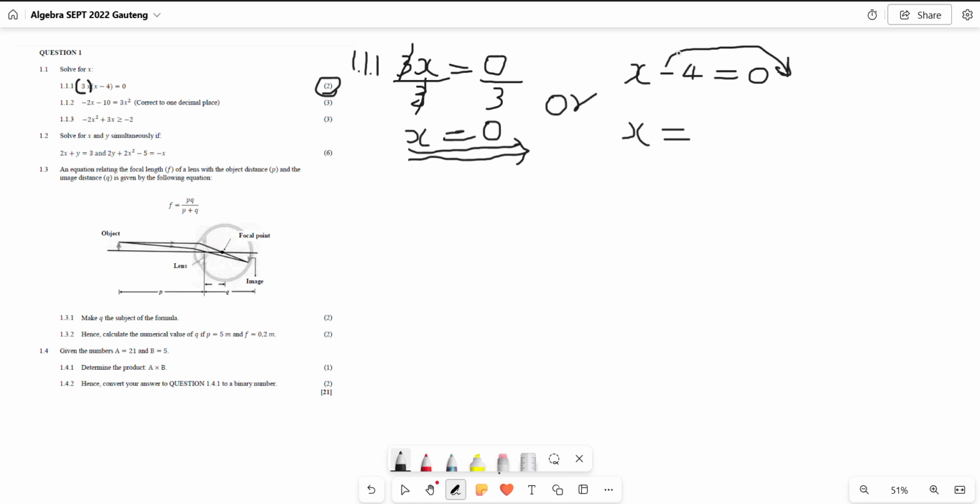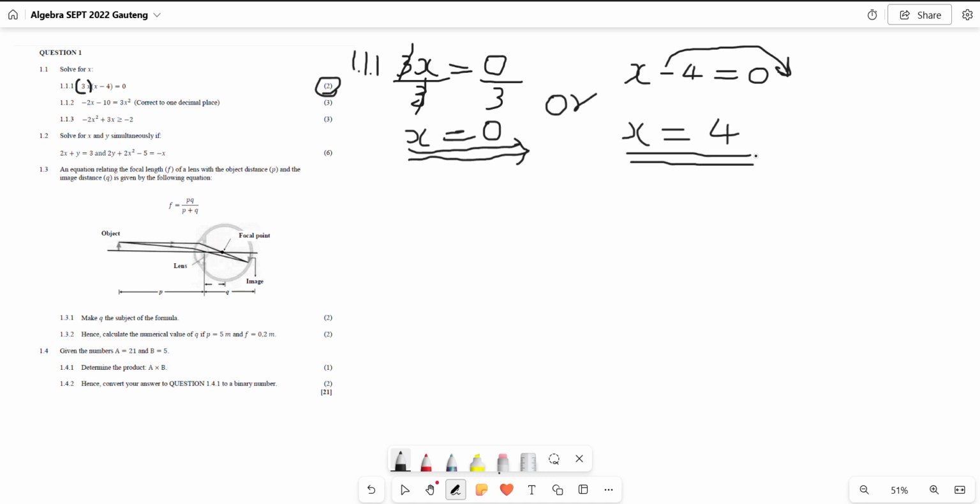So remember, if this is a negative number, when you take it to this side of the equation, it can't carry the same sign. If you transpose a number to the other side of the equation, the sign needs to change. Since it's a negative 4, when you take it to the other side, it will be a positive 4.